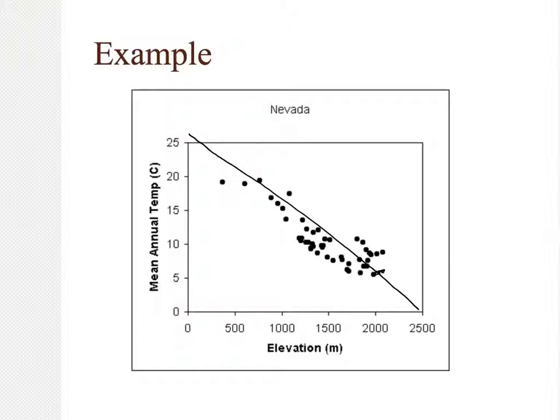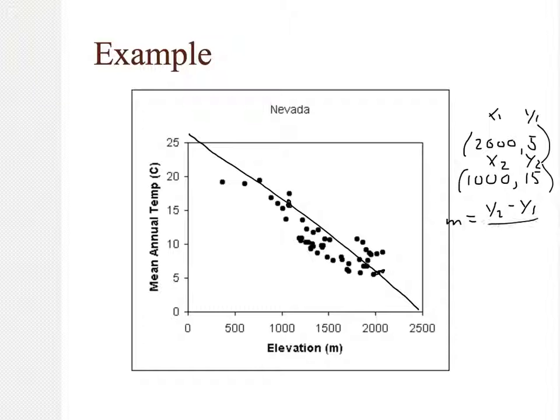Right here, it looks like it's at 2,000, 5. Then we'll follow it back a little bit more. Right about here, it looks like it's at 1,000, 15. So that gives us our x1, y1, and x2, y2. Working through the same thing that we just did, m is equal to y2 minus y1 over x2 minus x1.